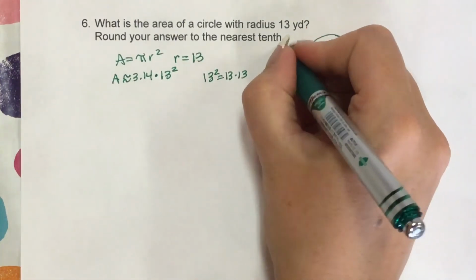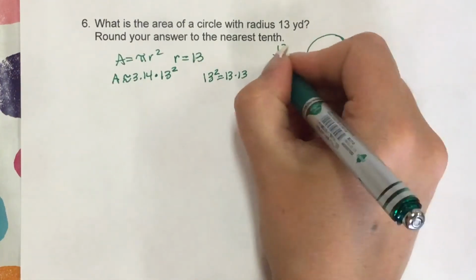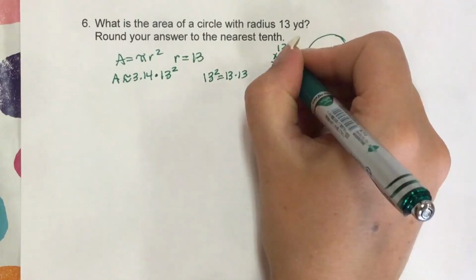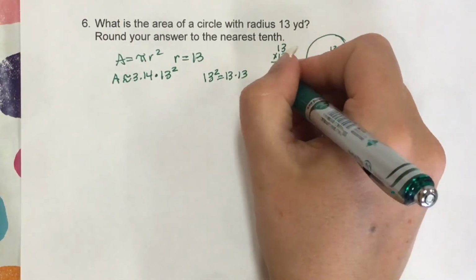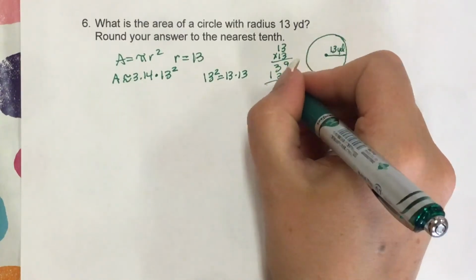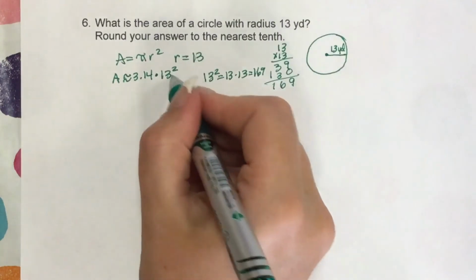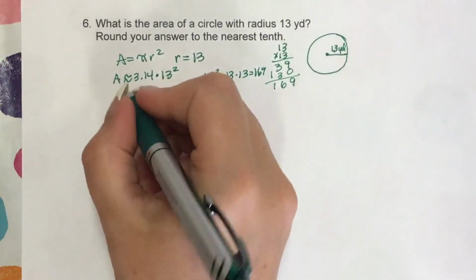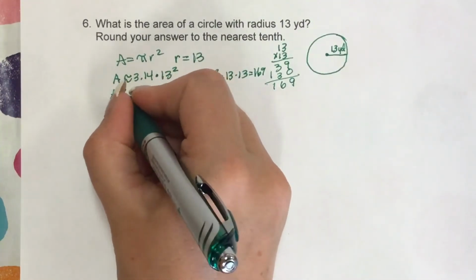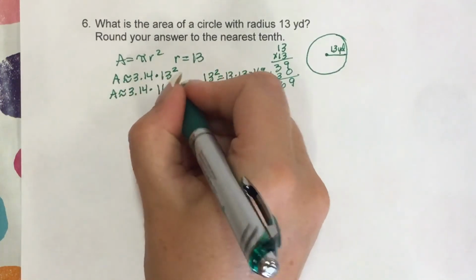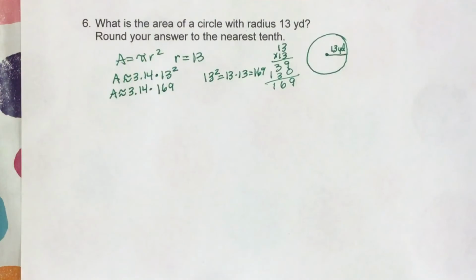I'm going to do that right here. 13 times 13. 3 times 3 is 9, 3 times 1 is 3, put the 0 there, 3 times 1 is 3, 1 times 1 is 1, so I get 169. Okay, so that's equal to 169. So 13 squared equals 169, so I'm going to write area is approximately 3.14 times 169.